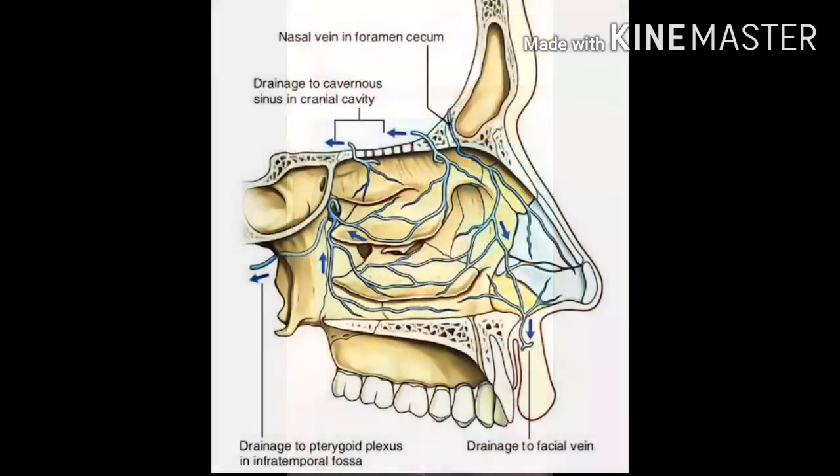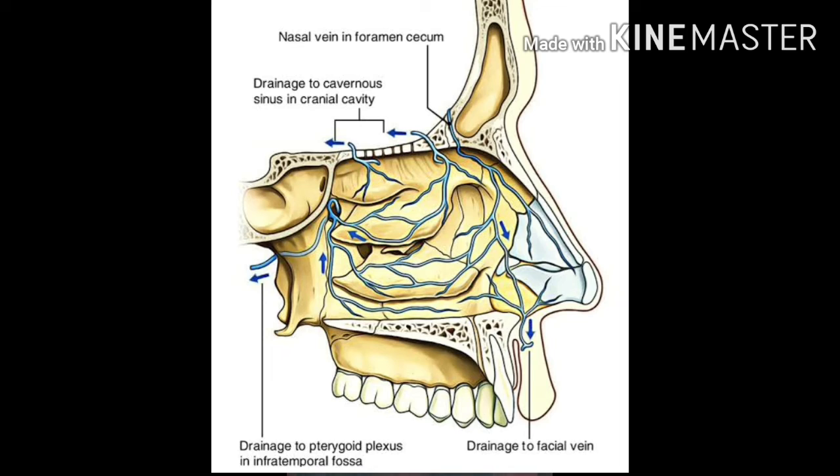Now coming over to the venous drainage. As we know, if we have an arterial supply, we have the venous drainage also. So now venous drainage, what happens is the veins present in the nasal septum form a plexus, okay, which is more marked in the lower part of the septum or Little's area.